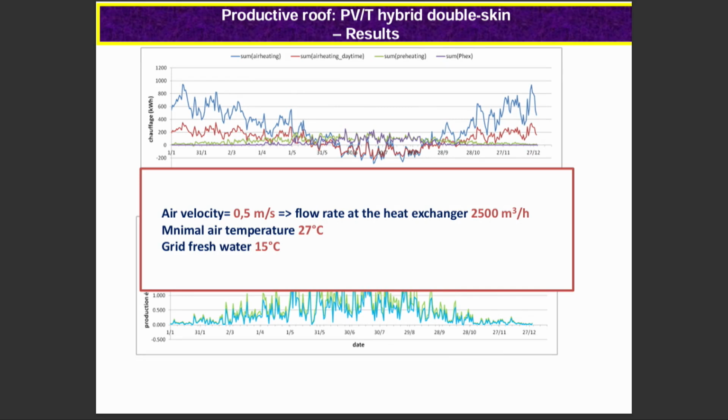Well, these are classical results. So the flow rate at the heat exchanger, to give you an idea, was 2,500 cubic meters per hour, and we had a minimal temperature of 27 degrees.